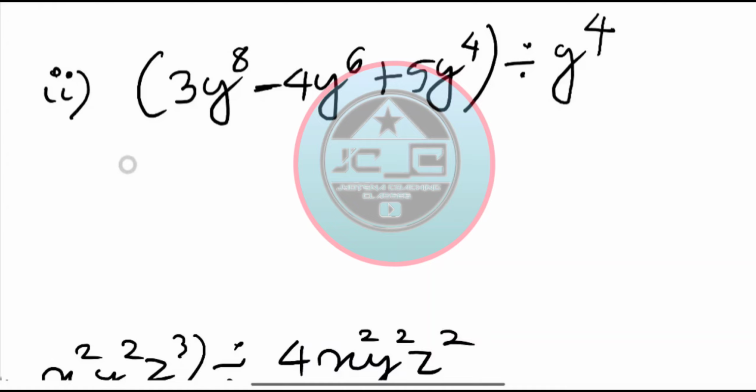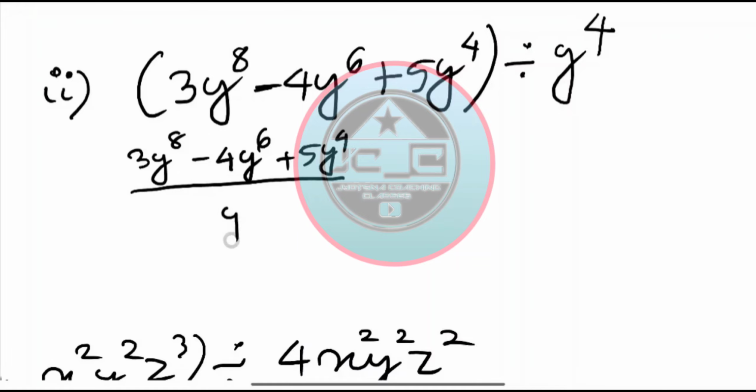Now question number 2, part 2: 3y to the power 8 minus 4y to the power 6 plus 5y to the power 4, divided by y to the power 4. As we know, the denominator is y to the power 4, so y to the power 4 is common.